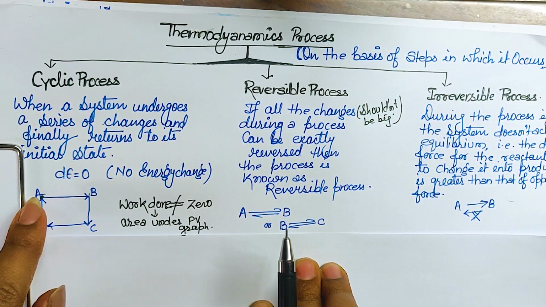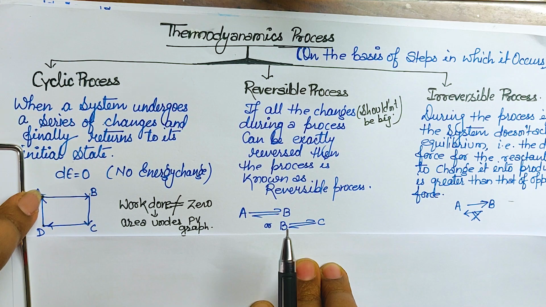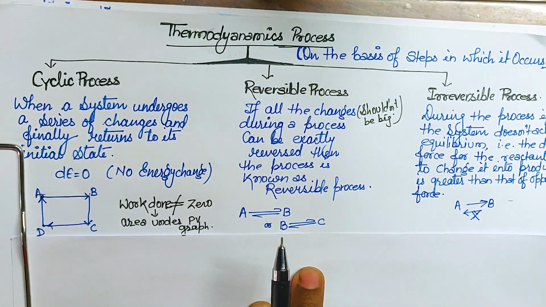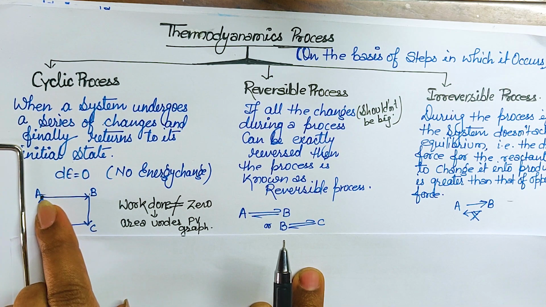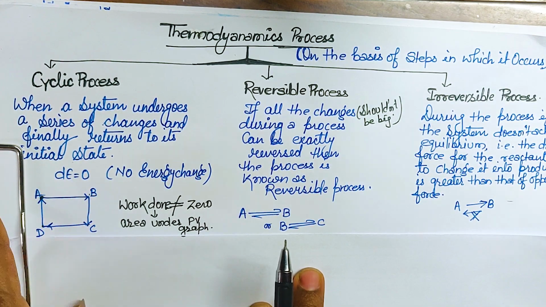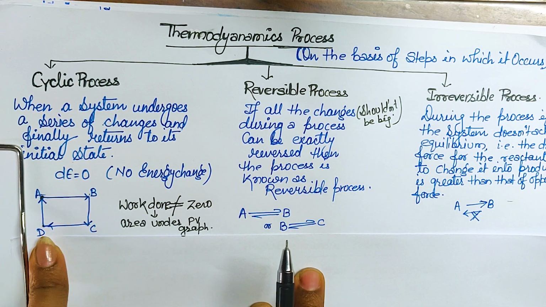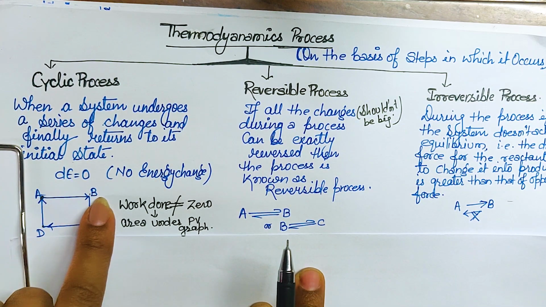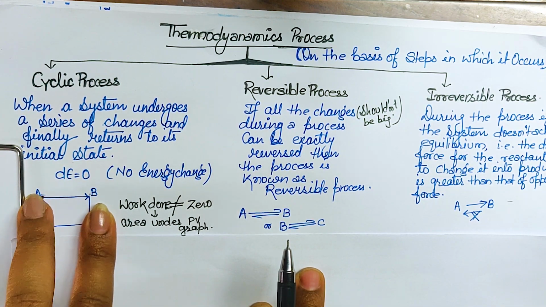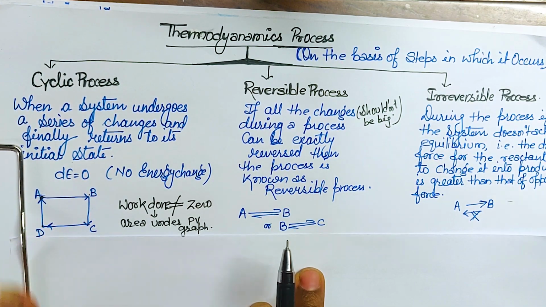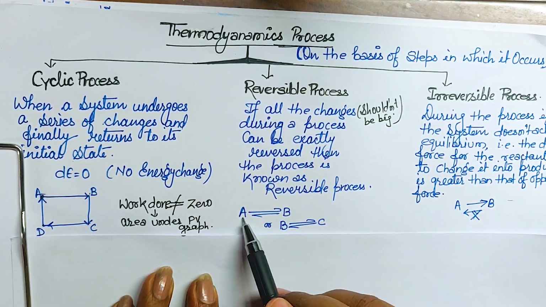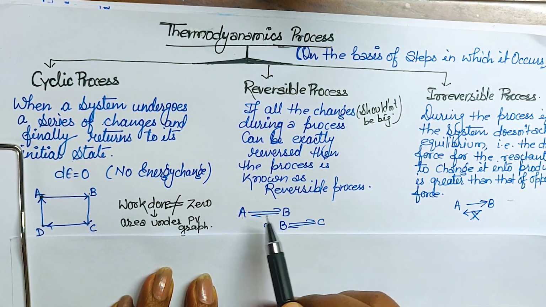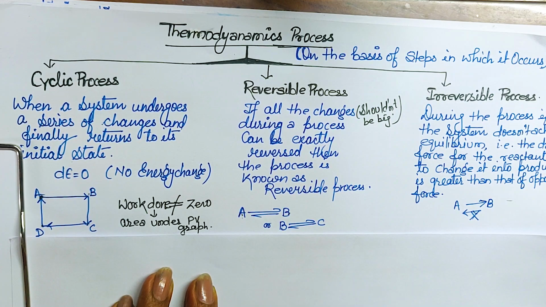Now see, cyclic means starting from A and getting back to A. But during this, we change from A to B, and B changes to C, and so on. If A changes to B and B changes back to A, then only it will be reversible.